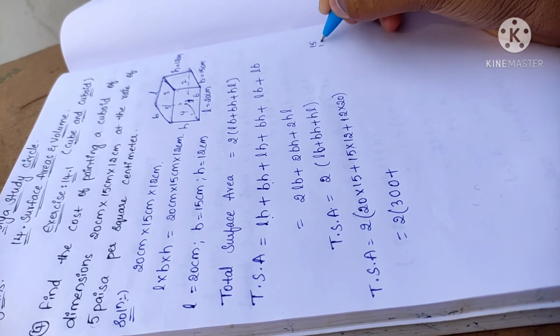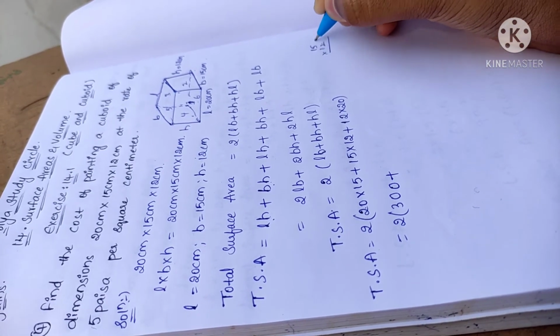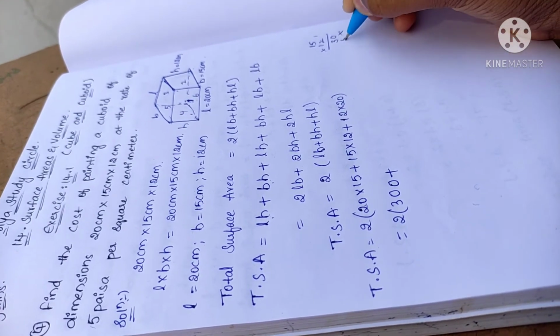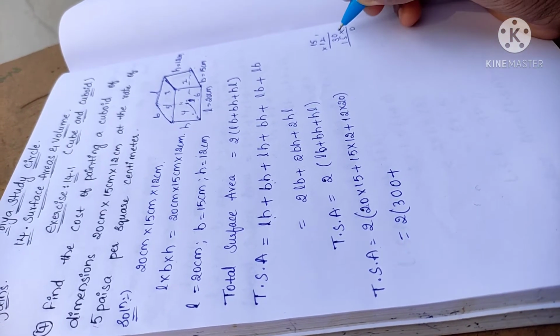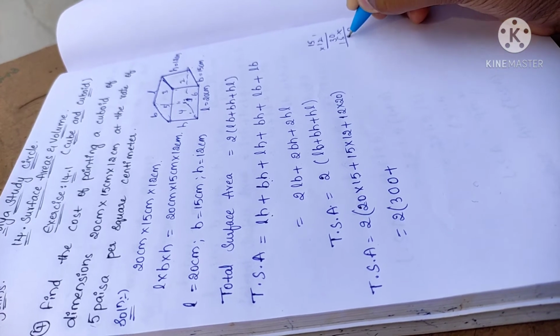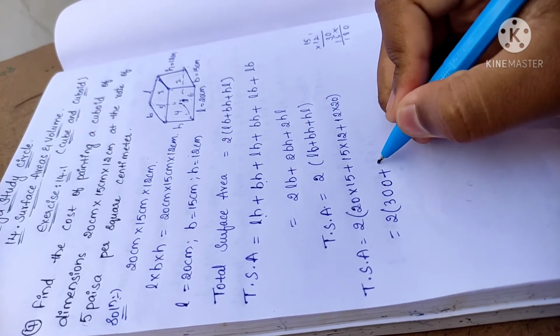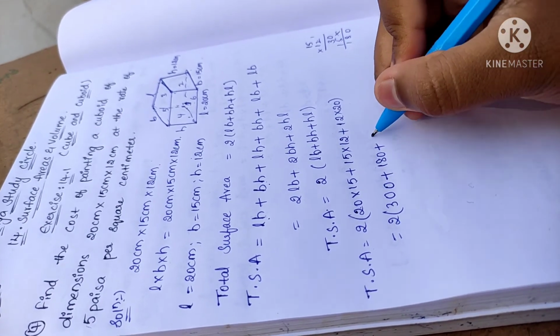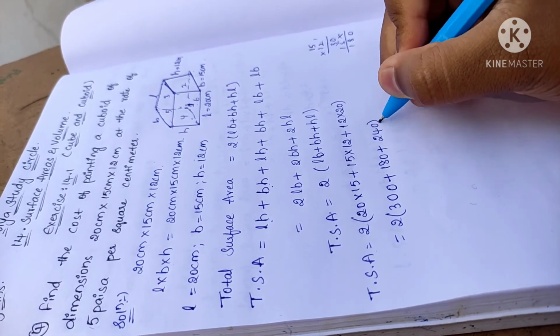15 into 12 is 180, and 12 into 20 is 240.